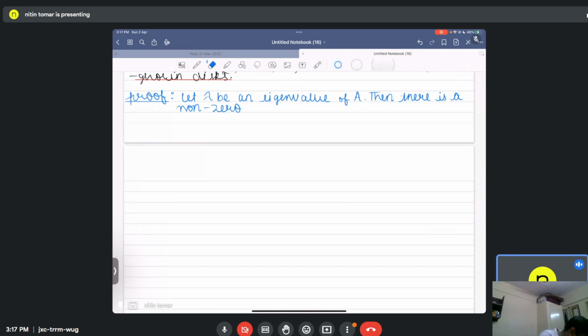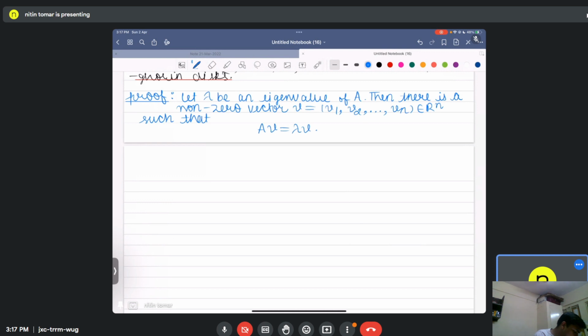There is a non-zero vector v in Rn such that Av equals lambda v.